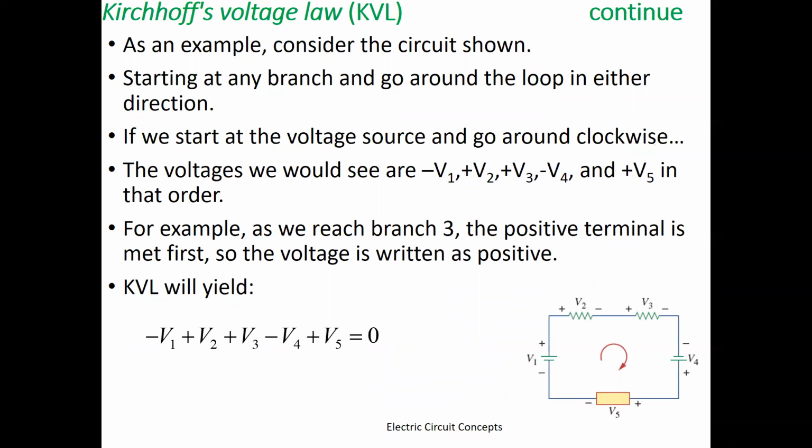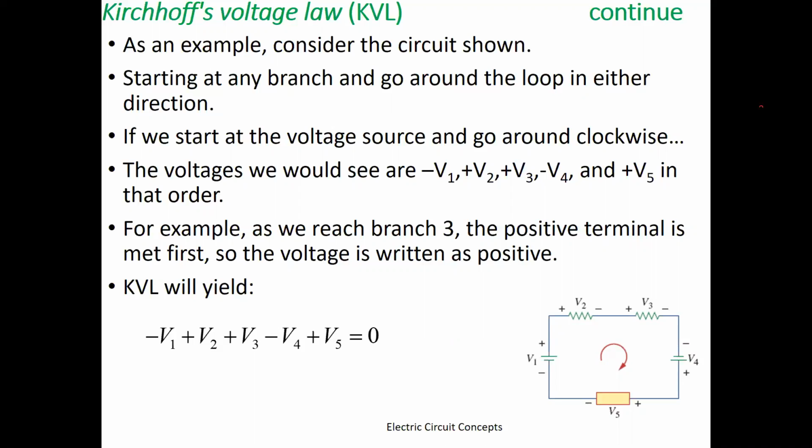Okay, Kirchhoff's voltage law as an example. Consider the circuit shown, starting at any branch and going around the loop in either direction. If we start at the voltage source and go around clockwise, the voltages we would see are minus V1 plus V2 plus V3 minus V4 and plus V5 in that order.